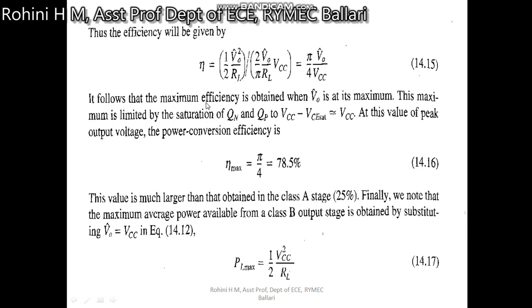It follows that maximum efficiency is obtained when Vout is at its maximum value. Maximum efficiency means the numerator value will be large, so Vout will be at its maximum. This maximum is limited by saturation of Qn and Qp. So Vout is limited by the two transistors to VCC minus VCE sat, or it is equal to VCC.